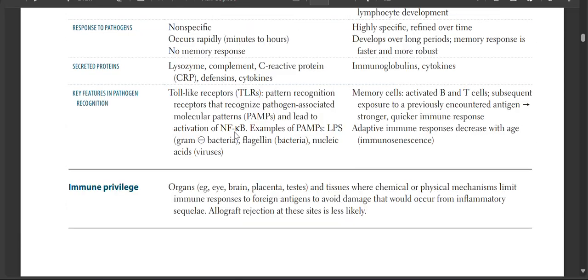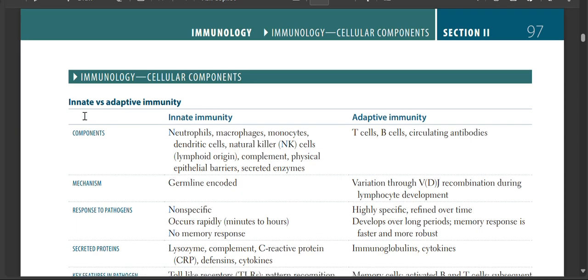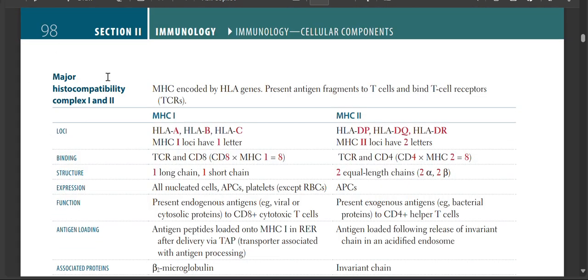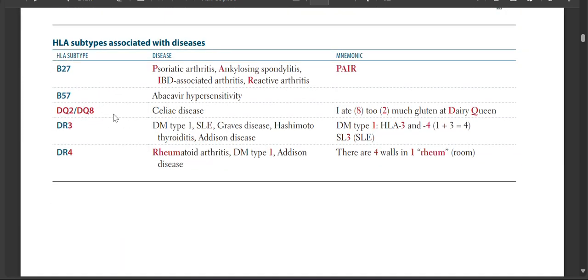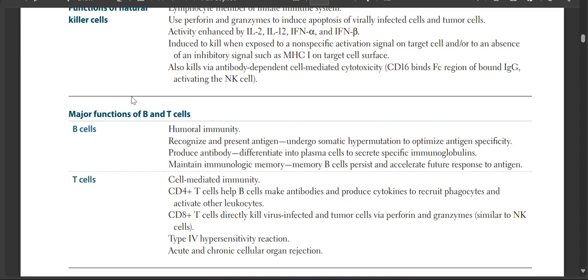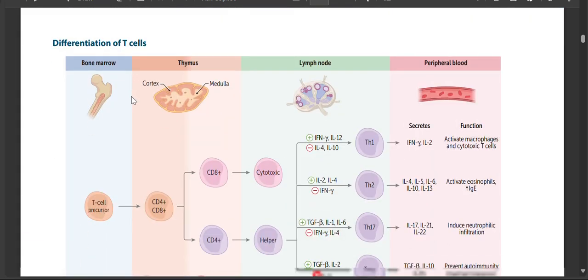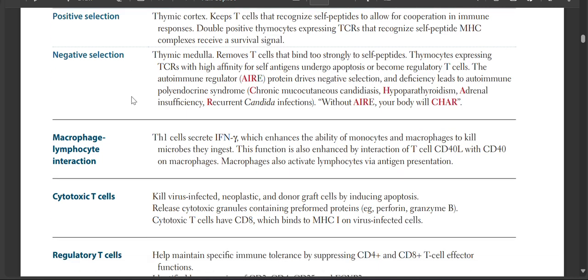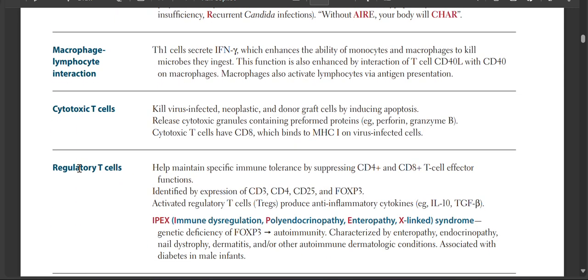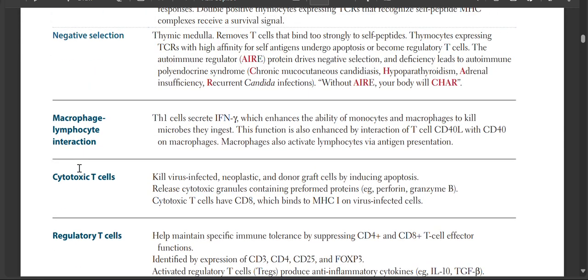So tomorrow we'll try to complete the innate versus adaptive immunity, also the MHC complexes, and this one is memorization again. But we'll try to cover at least till the macrophage and lymphocyte interactions.